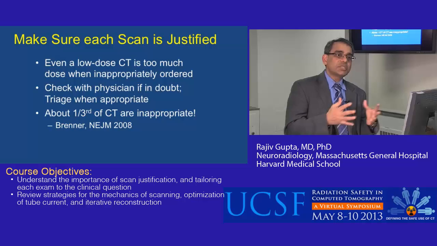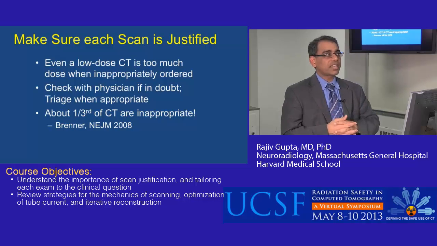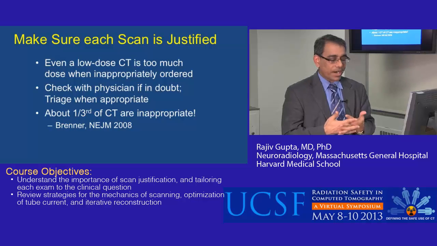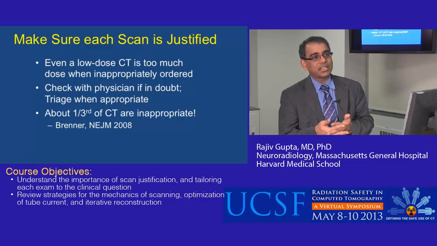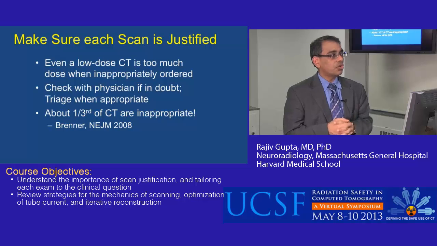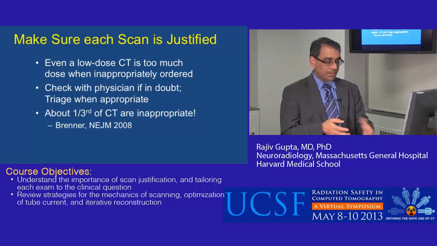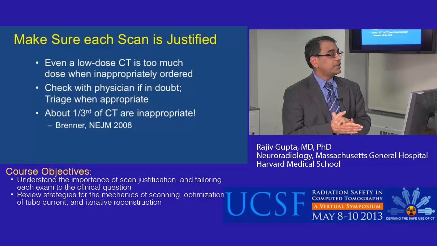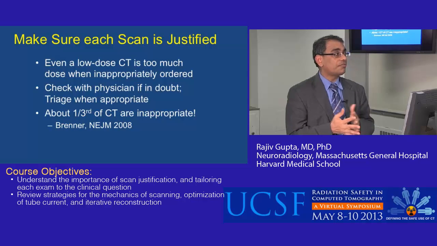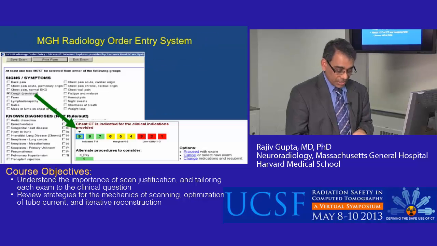Most of the time this responsibility falls on our fellows or the people who are protocoling the scans, and they are the ones who are required to check with the physician what the indication is, and whether head CT is required for this particular indication or not. There have been papers published in the literature, for example, Brenner's paper in New England Journal of Medicine in 2008 that showed that about 1/3 of CT scans are inappropriately performed.